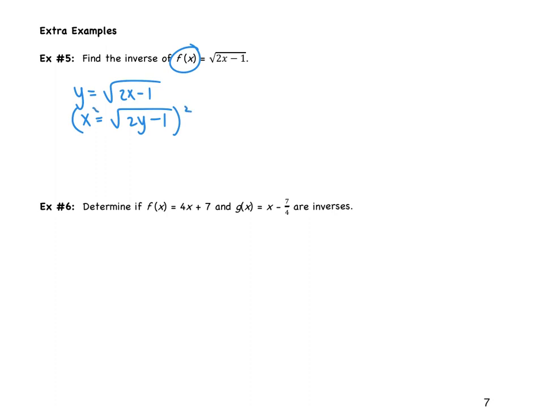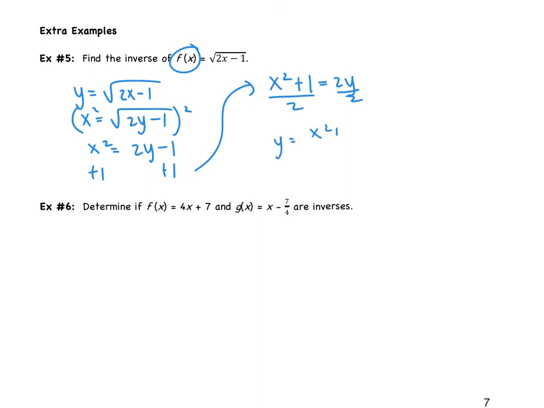Both sides get squared. So we get x squared is equal to 2y minus 1. Now I can add 1. So we get x squared plus 1 equals 2y. Divide by 2. So we get y is equal to x squared plus 1 over 2. Now, remember, we are not finished yet.